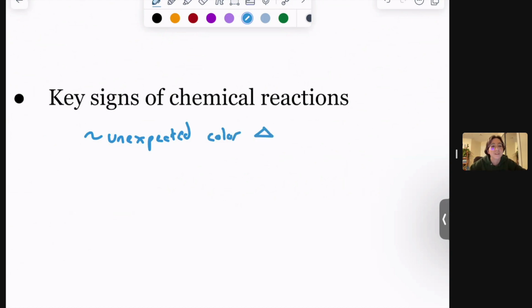So not just like when we did our lab and you dissolved blue dye in water and it turned blue. That's not a sign of a chemical change, right? Expected color change. Of course it was blue. But if suddenly it turns yellow out of nowhere, perhaps a chemical change. Formation of a precipitate.